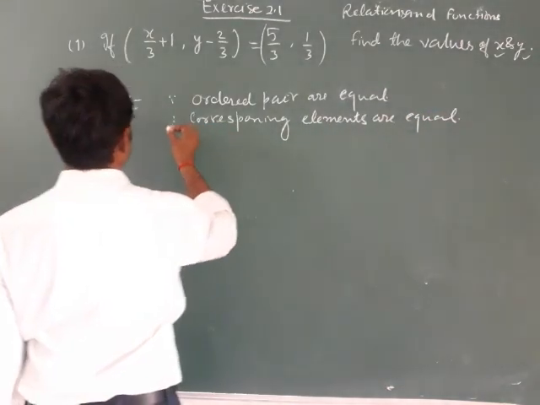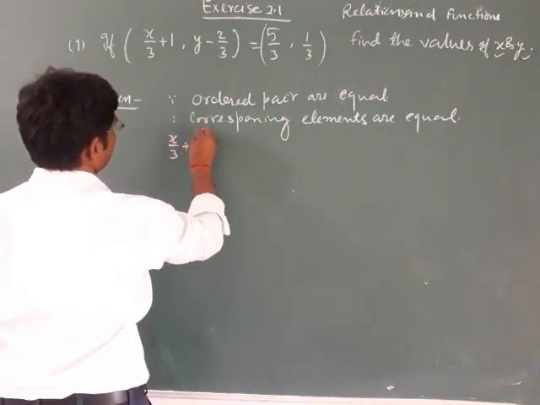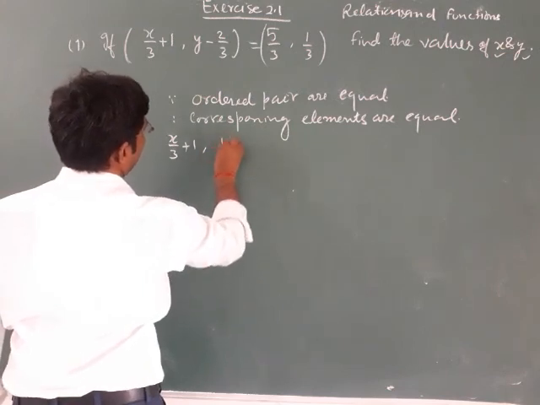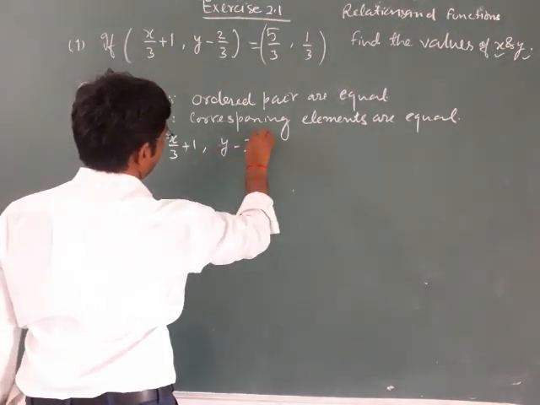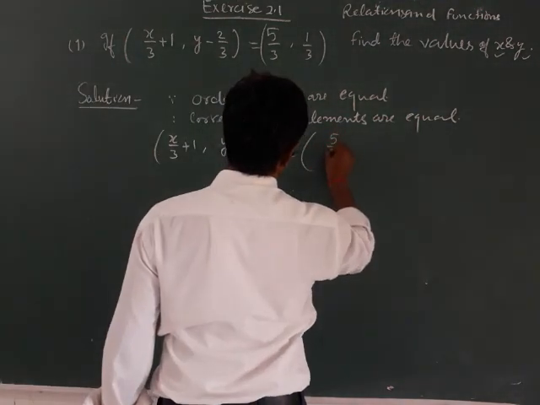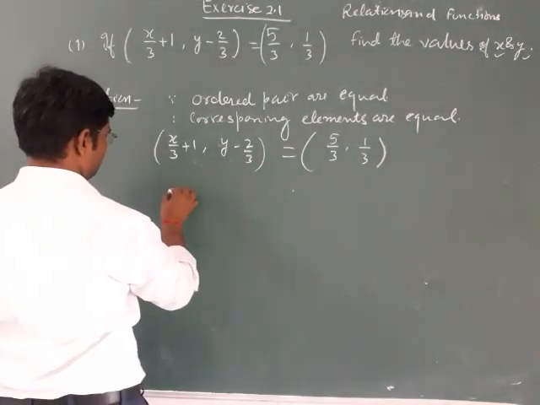So x/3 + 1 and (y - 2)/3 correspond to 5/3 and 1/3.